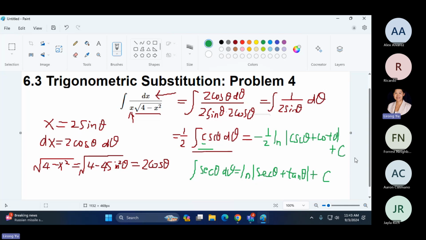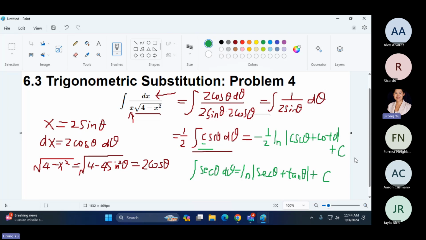If you forget how to integrate secant, what we did is multiply numerator and denominator by secant plus tangent, and then the numerator is the derivative of the denominator, which is why we use natural logs. The whole idea is to create a natural log: the denominator has a function, the numerator has the derivative of the function.